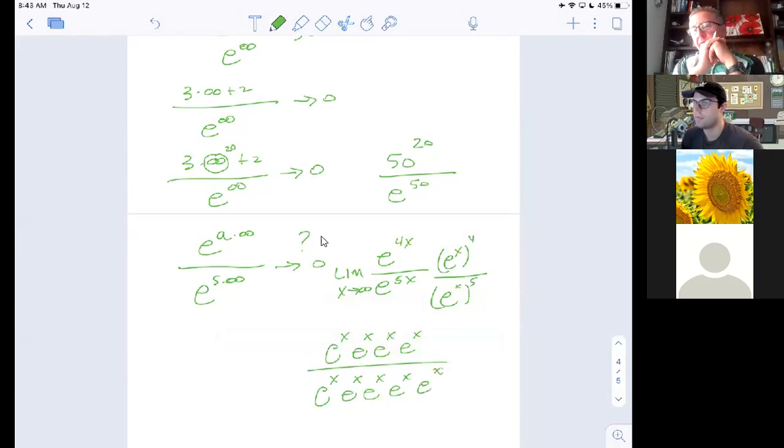Isn't that what that means? All right, do the algebra. What does that reduce to? 1 over e to the x. So what happens to that as x gets bigger? Goes to 0. It is going to 0. So this is going to 0. Do you see that?